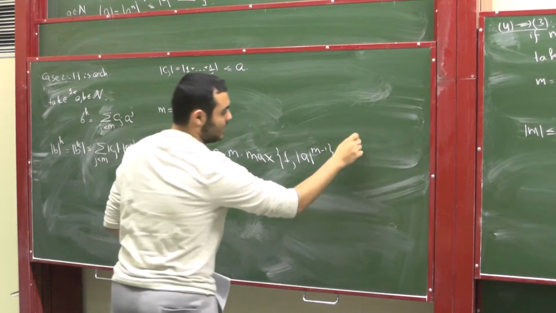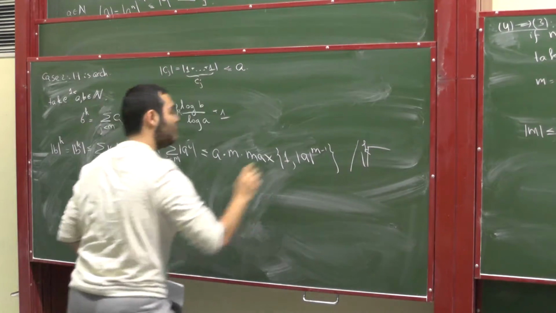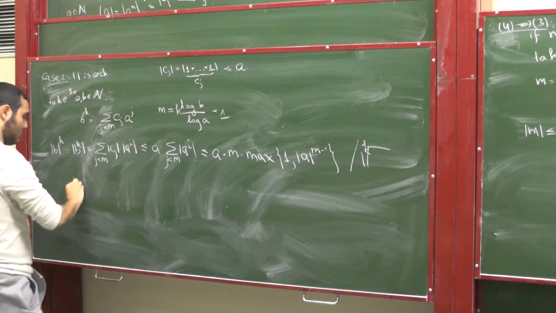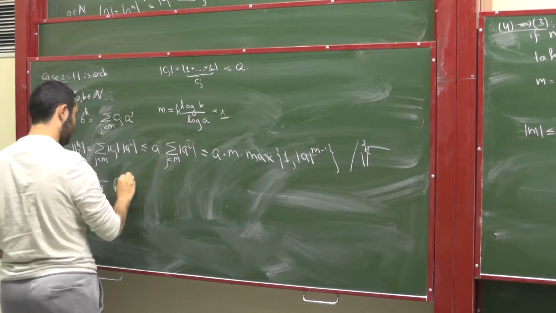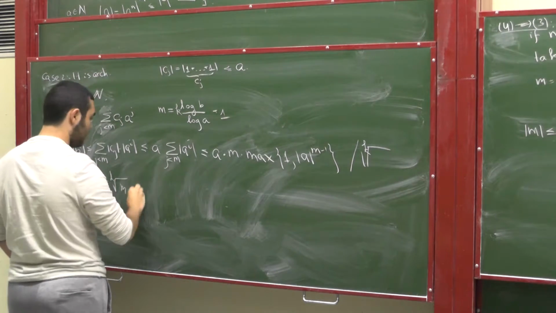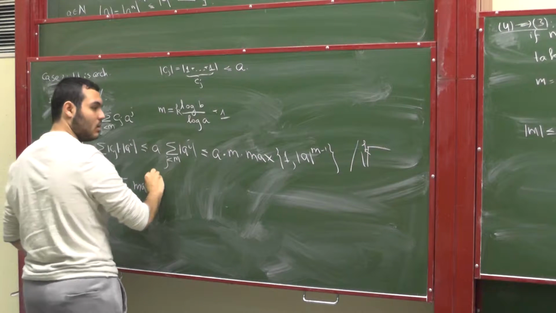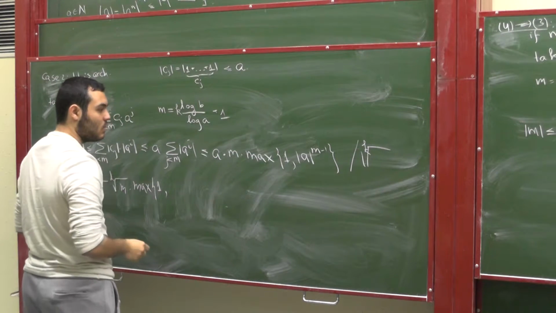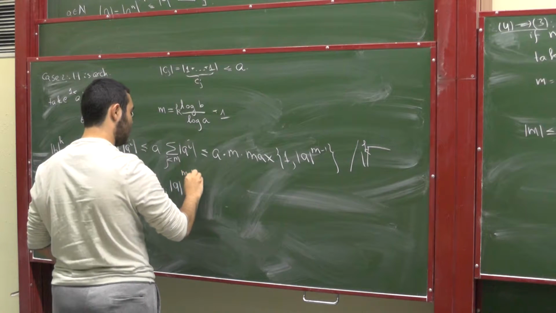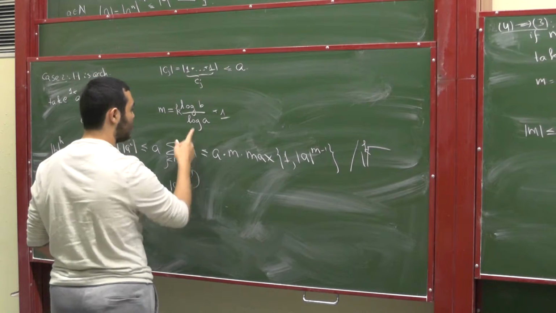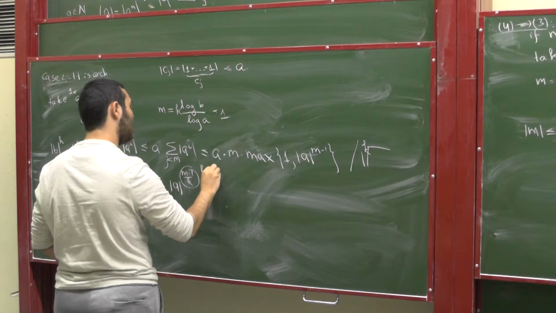So now let me take the k-th root of everything. So the absolute value of b is bounded by this. This is just by plugging in this log b over log a.